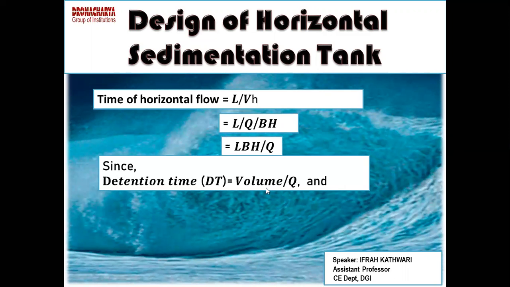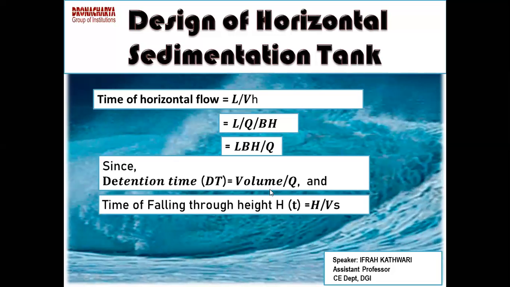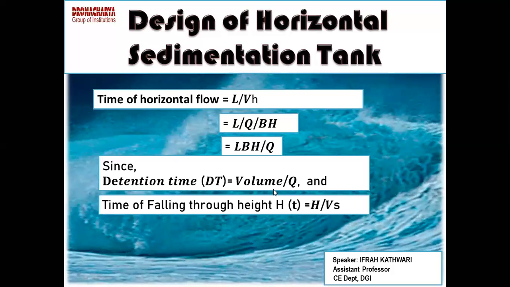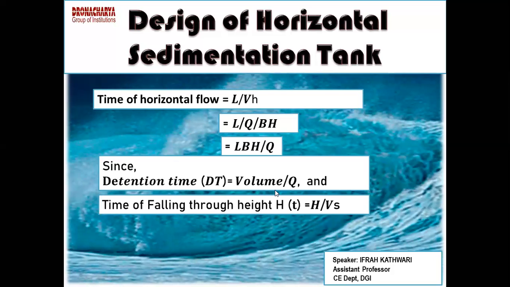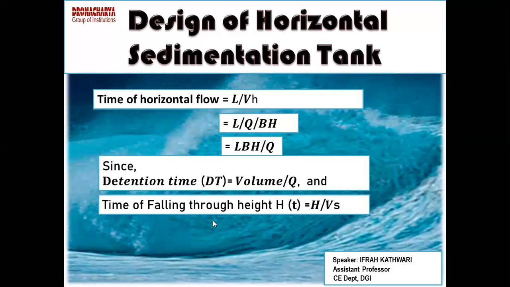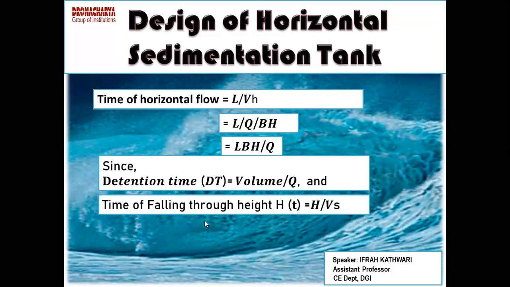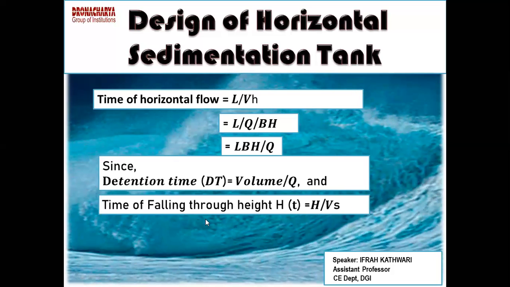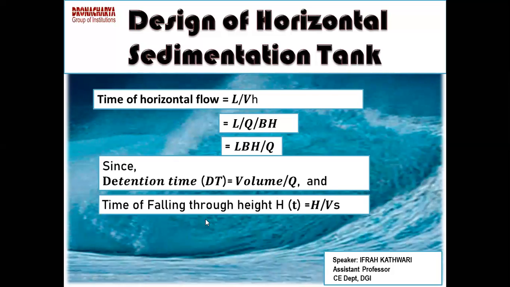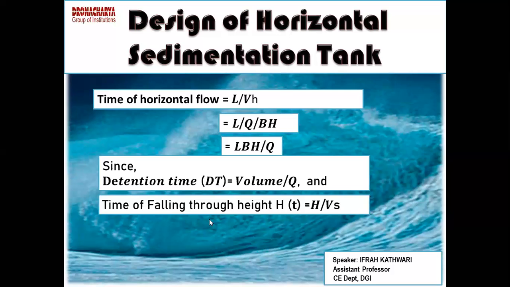After this, now the time of falling through height. I was talking about the time of horizontal flow, how much time it is taking to flow inside the tank, so horizontally. Then the time of falling through height: as it is falling from top to bottom, and the height of the tank is h, how much time is it going to take from the top to the bottommost level of the sedimentation tank?